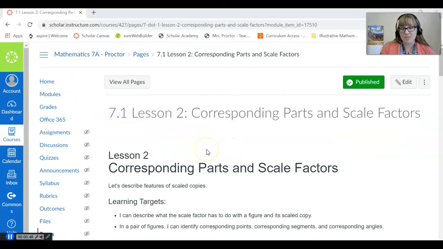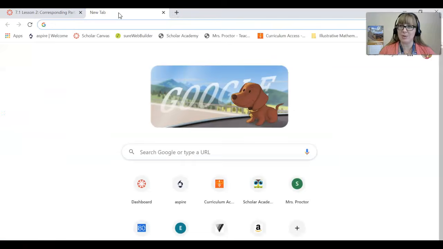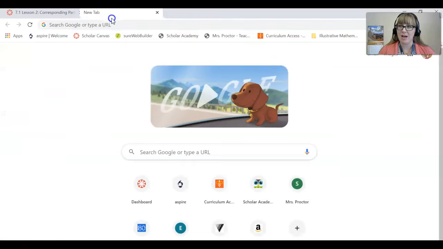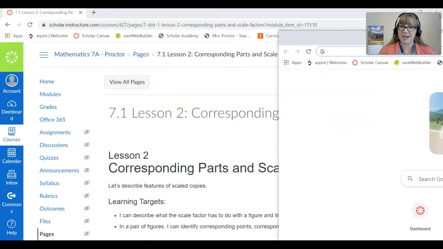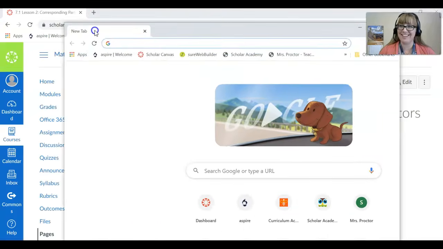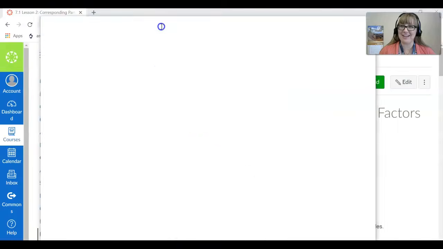So what I suggest, if you're going to work through the Canvas instance and you're not going to have your notes in front of you, pop that video out into its own tab. I'm going to create a separate tab right here, and you can see I can just slide it on over. Of course, it's not going to work quite that way in the video.